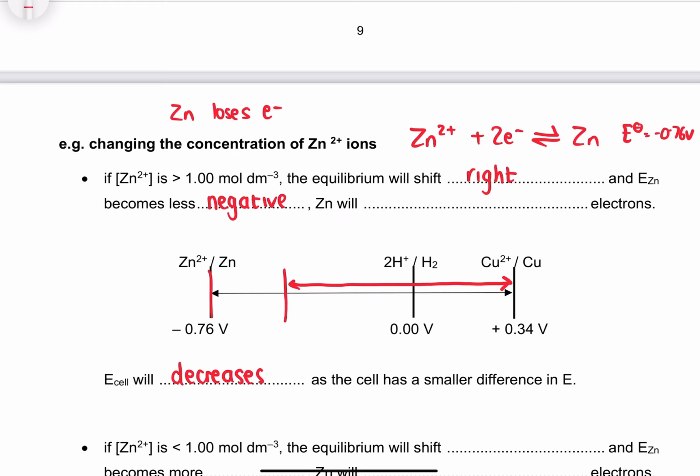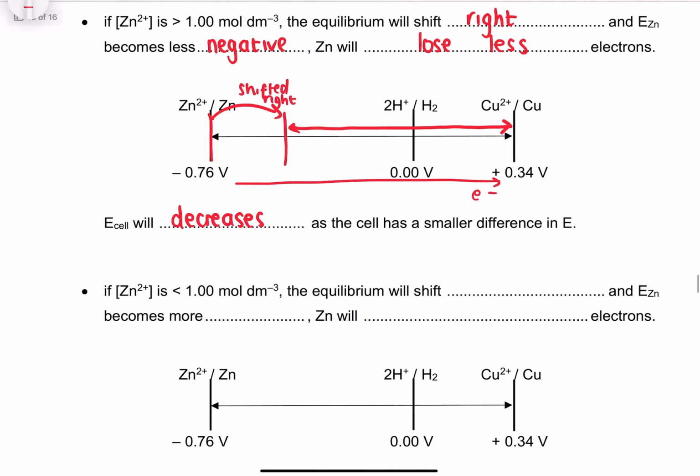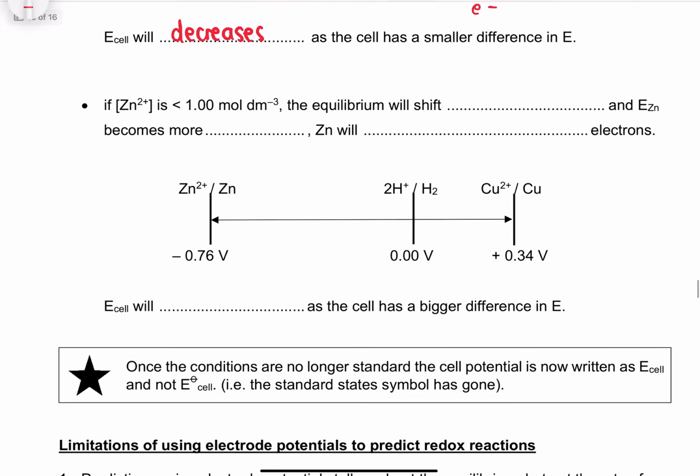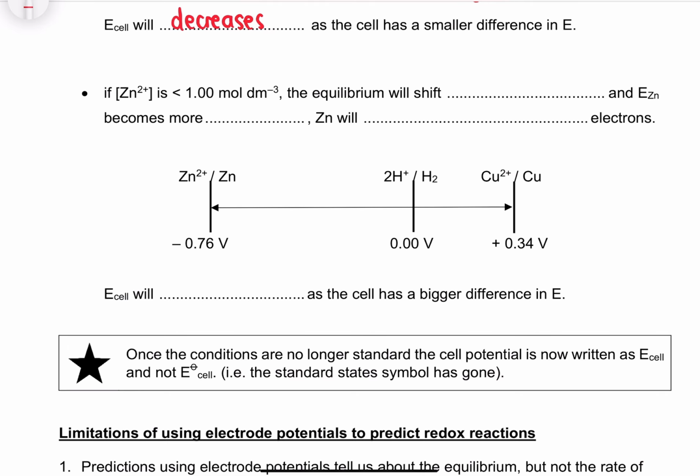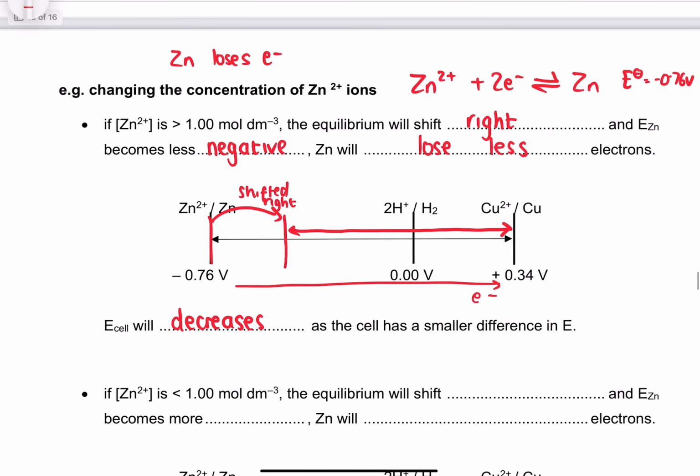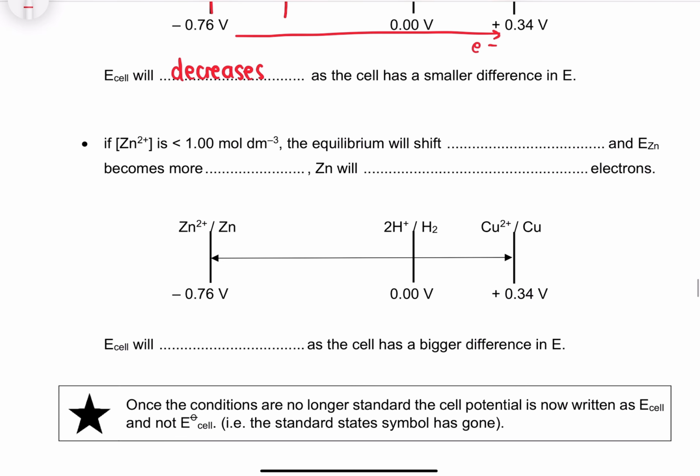But remember that it's actually losing electrons, and look at what's happened to it. It's shifted right. Remember that the electrons are flowing from left to right, and now it's less. It's going to lose fewer electrons. If we were to decrease the Zn2+, according to Le Chatelier's, we would shift left.